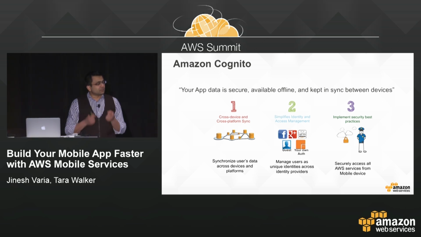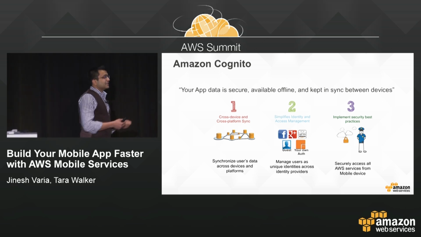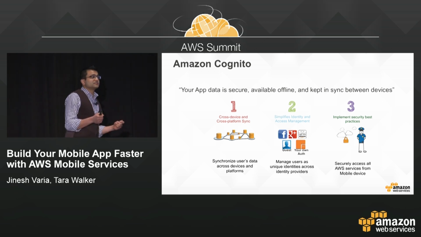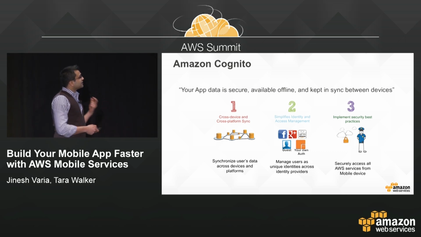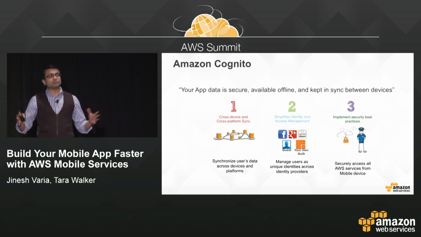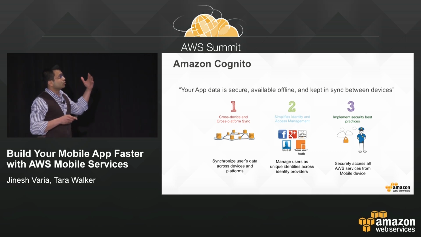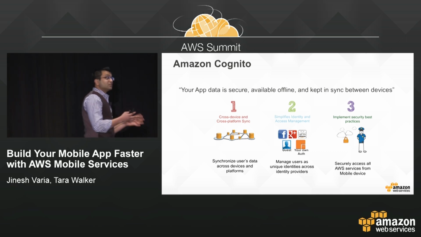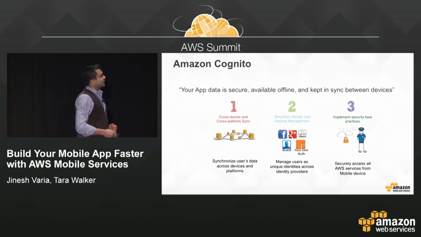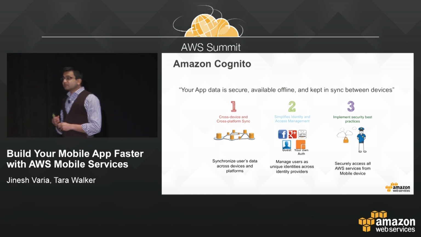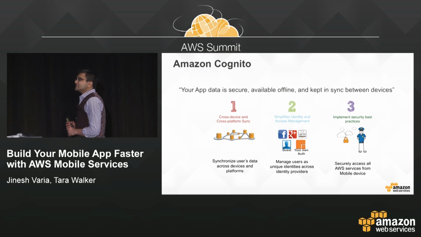So it gives you the enormous power of managing identity across the single user ID that you have created. And that's the power: you don't have to manage identity providers, you manage the users instead, right?